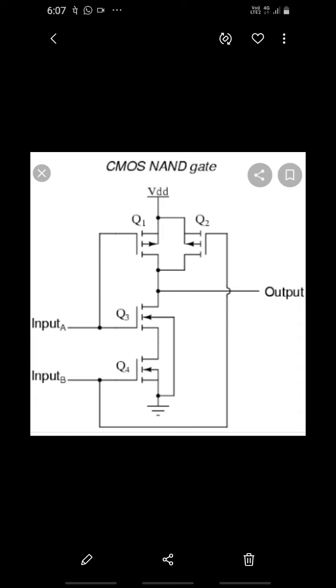So the operation of this CMOS NAND gate is divided into 4 different cases. Case 1, if A is equal to B is equal to 0, when both inputs A and B are low, Q1 and Q2 are closed, and Q3 and Q4 are opened.